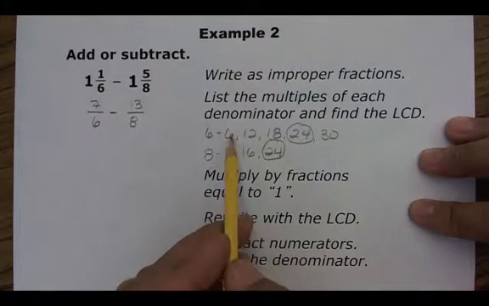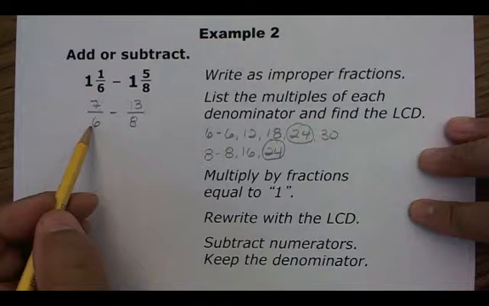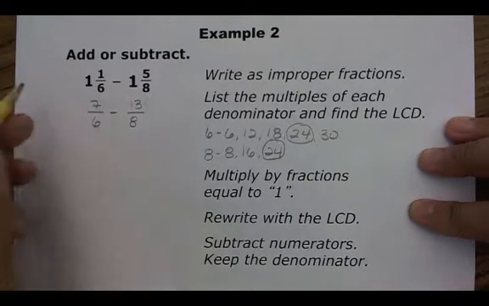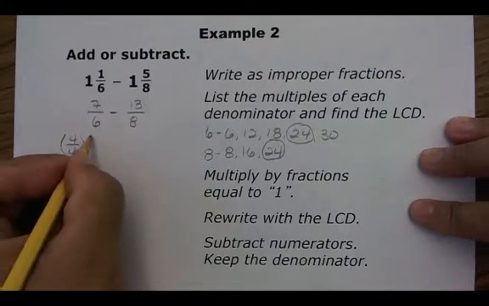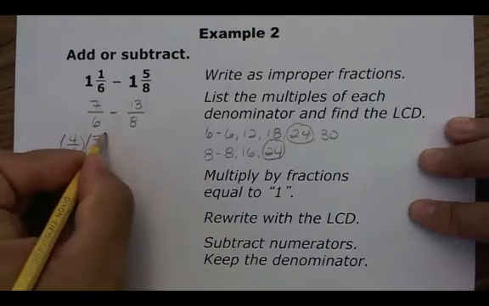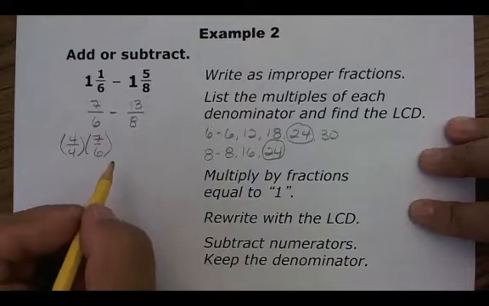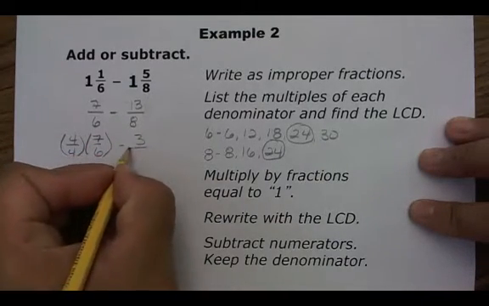In this case, 6 is 1, 2, 3, 4. 6 times 4 is 24. So I have to multiply 4/4, which is equivalent to 1, by 7/6. And then for 8, it's 1, 2, 3. 3 times 8 is 24, so I'm going to have to multiply it by 3/3.